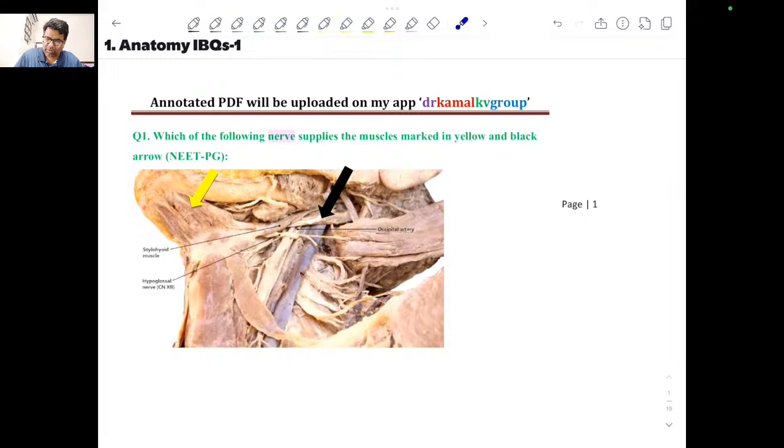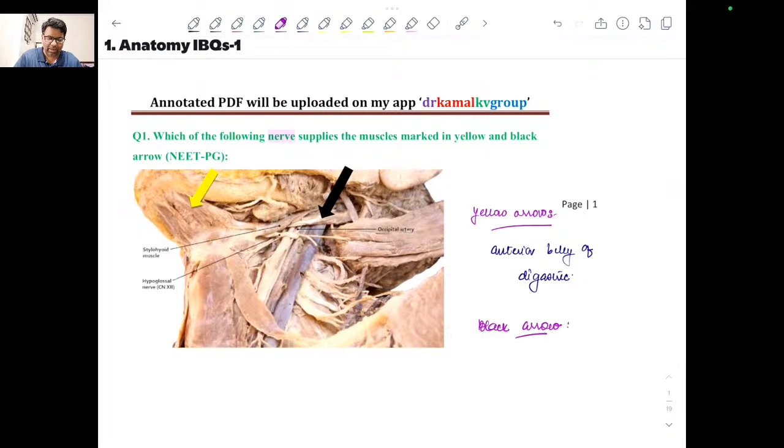The one which is marked with the yellow arrow is the anterior belly of digastric. Clear?